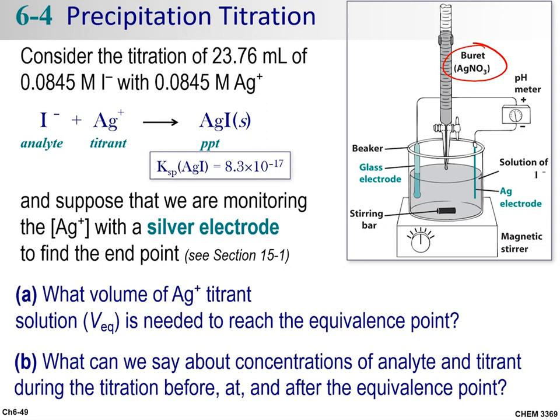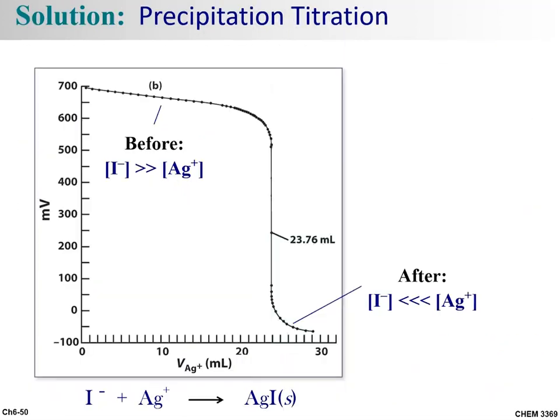So at the equivalence point, the amount of silver plus ions and iodide ions will be chemically equivalent. All right? And then we can try to discuss the titration curve that we would observe. Okay? All right, so the titration curve that we would get performing this titration would be like that.